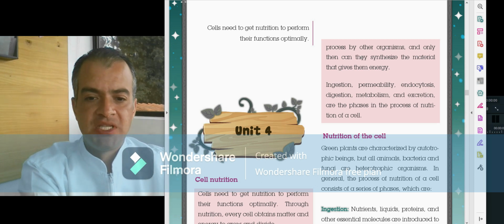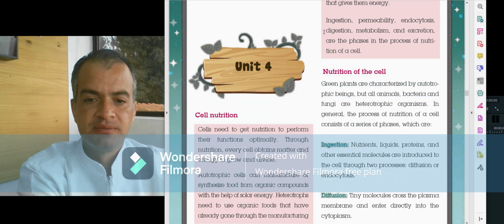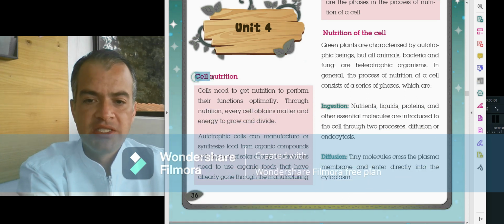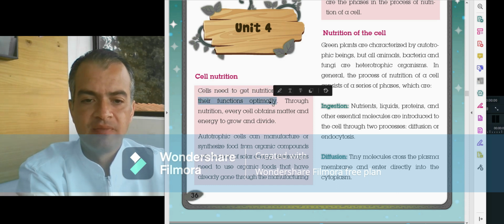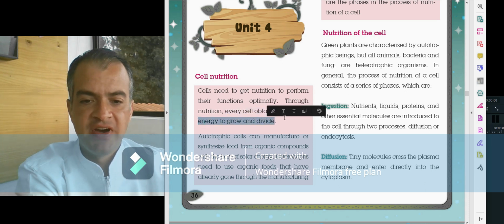Bueno, entonces empezamos. Unit 4. Cell Nutrition. Cells need to get nutrition to perform their functions optimally. Through nutrition, every cell obtains matter and energy to grow and divide.